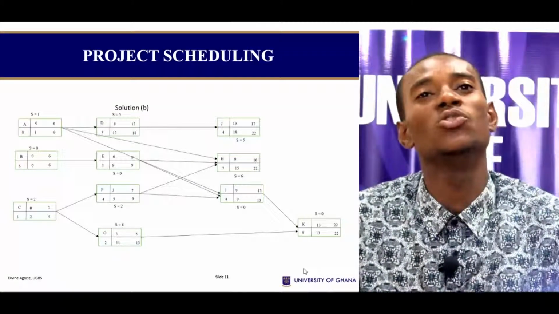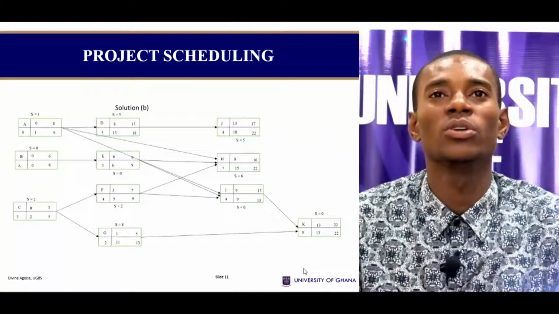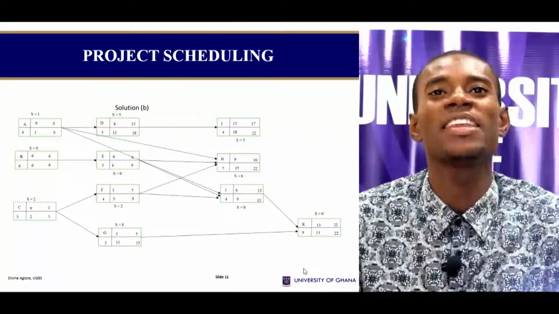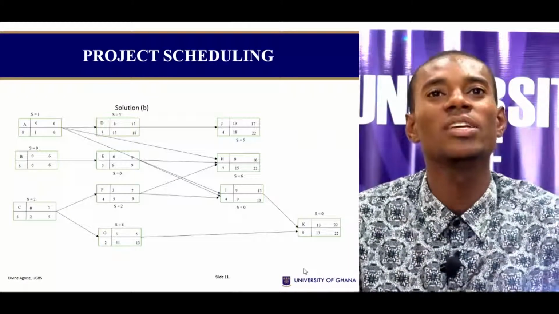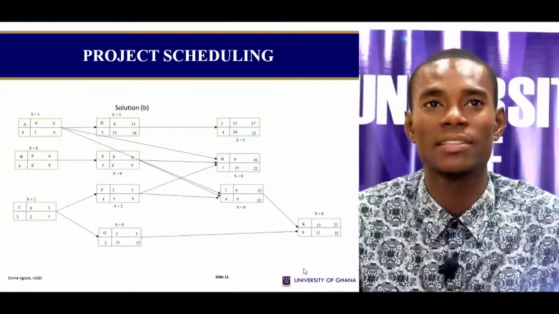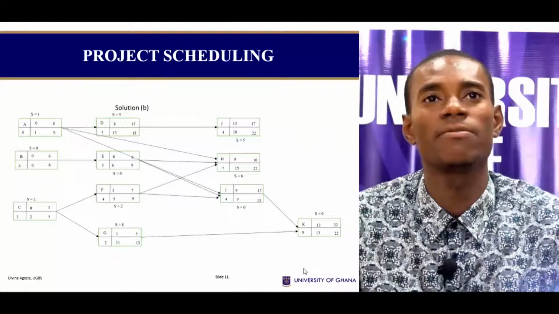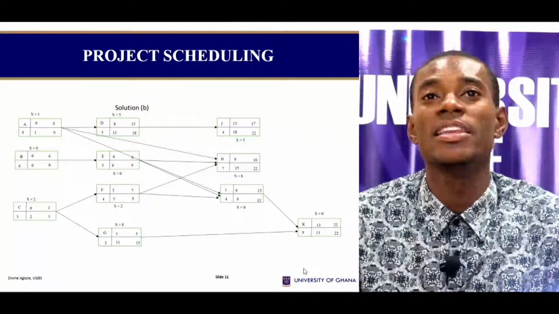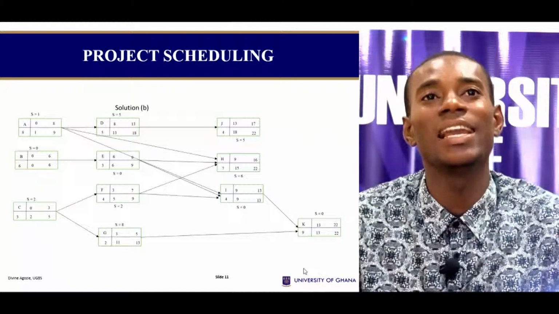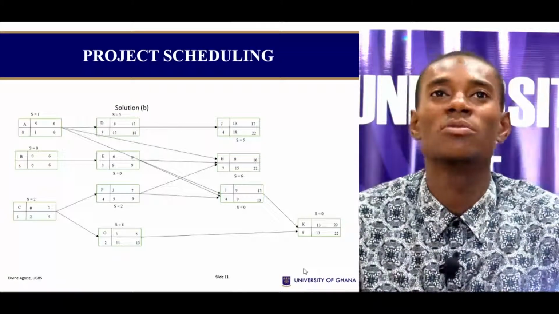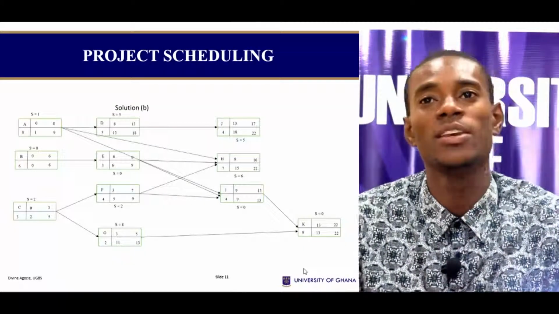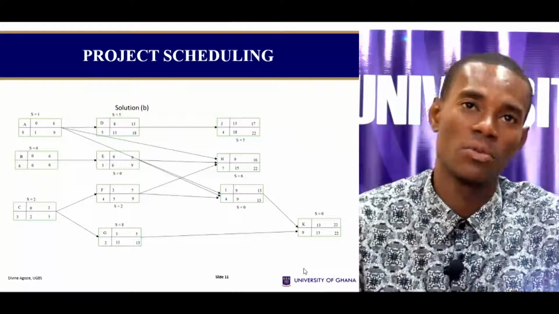But if you can't, make sure your diagram is well spaced, so that even if the arrows are crossing, it won't be difficult to analyze them. In my case, I left them to cross each other, but the spaces are enough so that you can see clearly from where one arrow is moving to another point. Then you do not have any issues when doing your forward pass and then the backward pass.